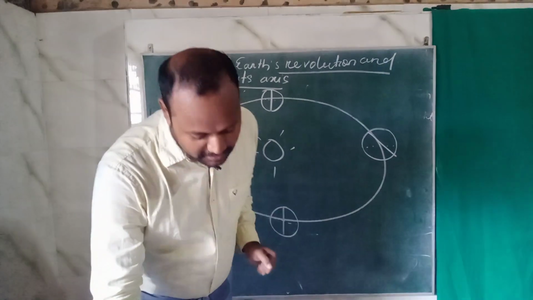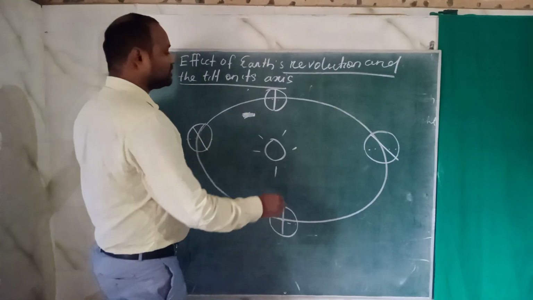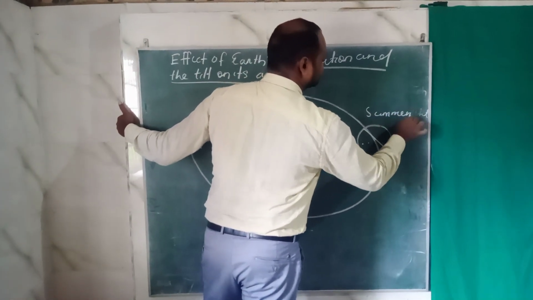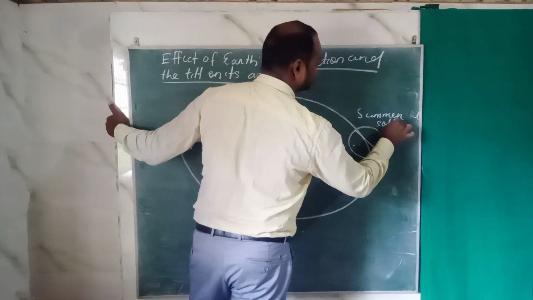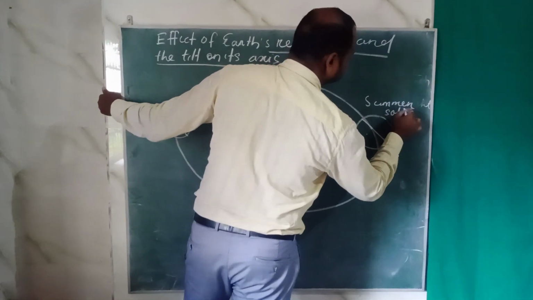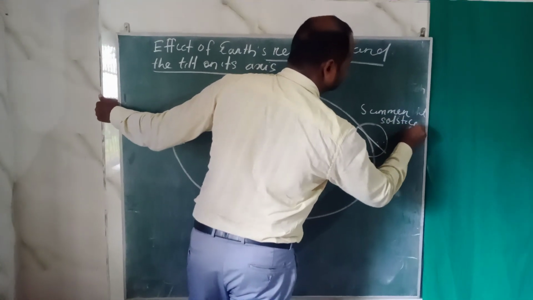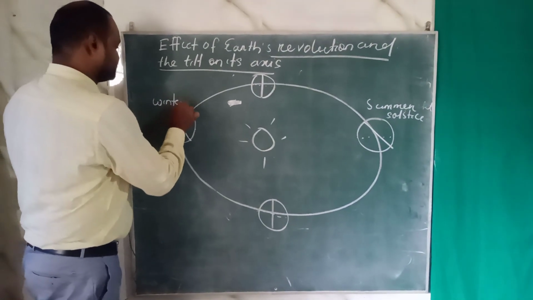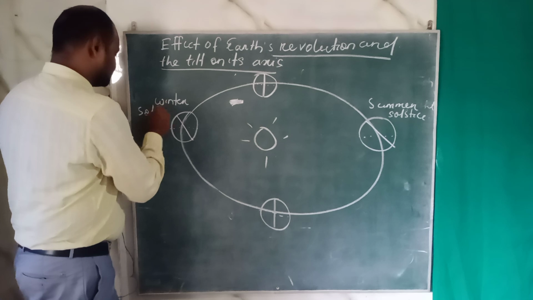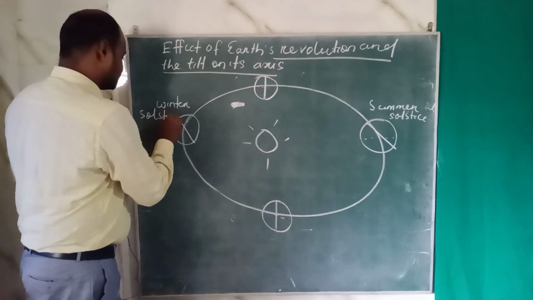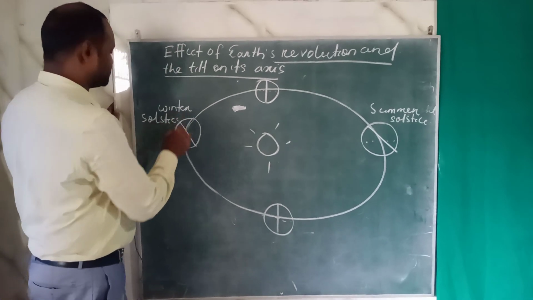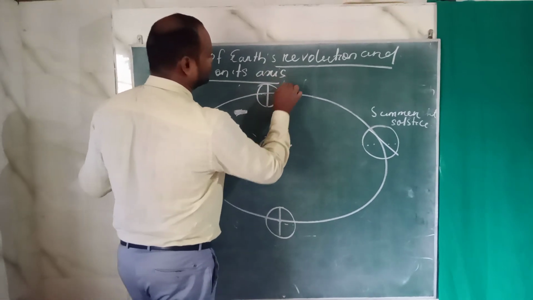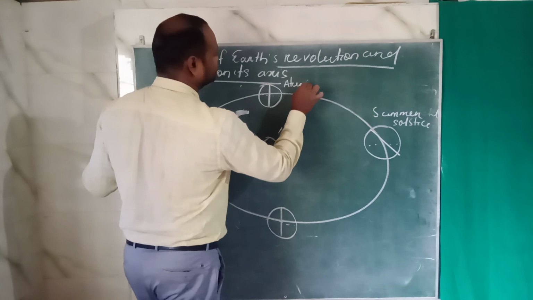Okay, so here we are going to discuss, this is summer solstice. This is winter. It is autumn.